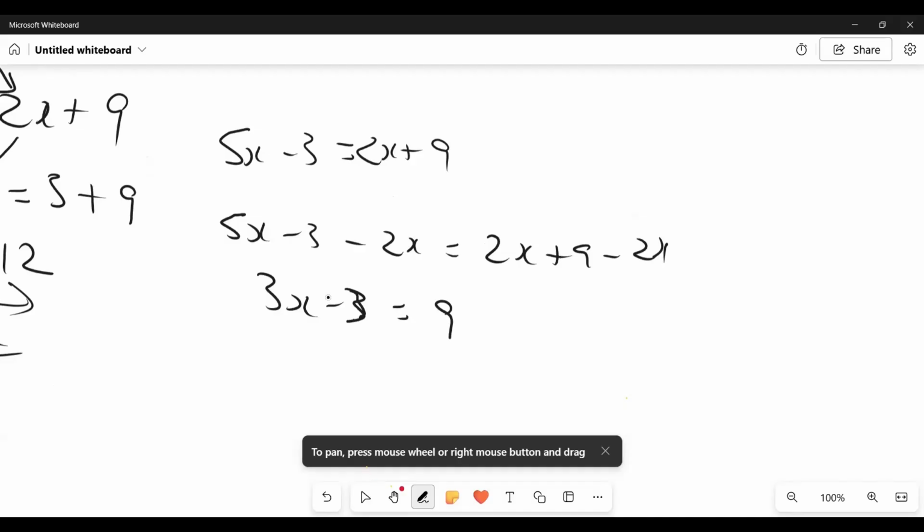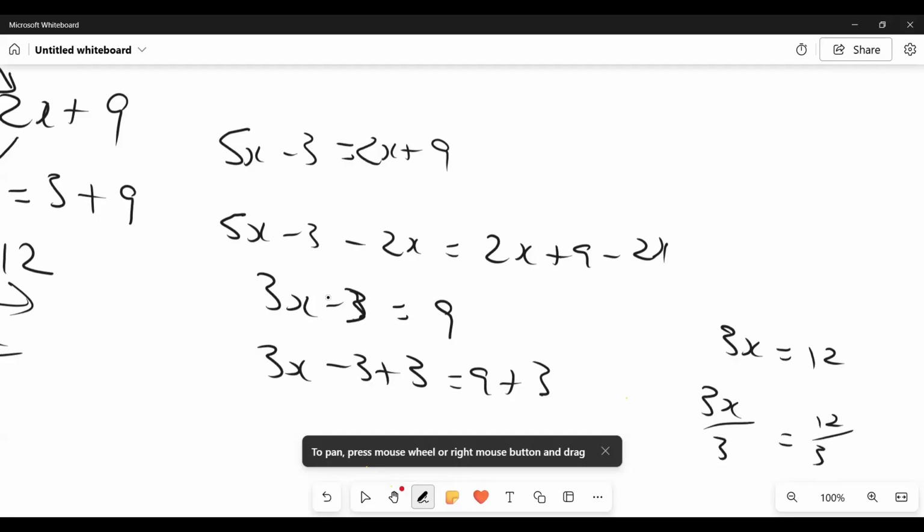Then the next step, you add 3 to both sides, and you end up with 3x equal 12. Then you divide both sides by 3, so you end up with x equal 4, right? So yeah, the shortcut is acceptable. I'm just saying, know how you apply the axioms. That's all I'm saying.